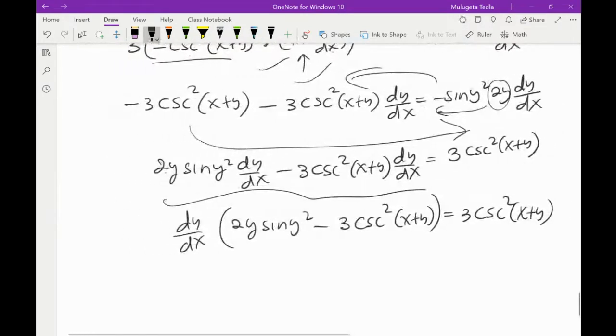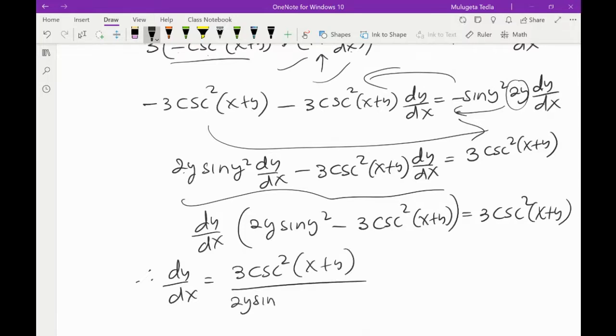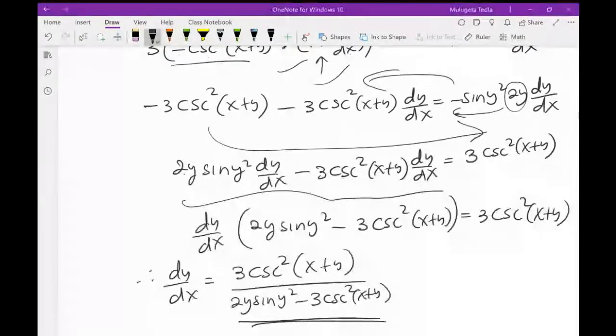Therefore dy by dx is simply this divided by this: 3 cosecant squared of x plus y over the big 2y sine y squared minus 3 cosecant squared of x plus y is the best I can do.